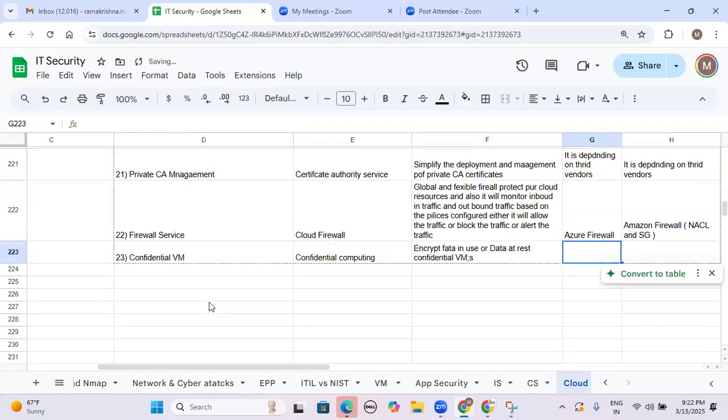This particular feature in Azure, we can call it Azure Virtual Machine. And here we can say AWS instance, EC2 instance.